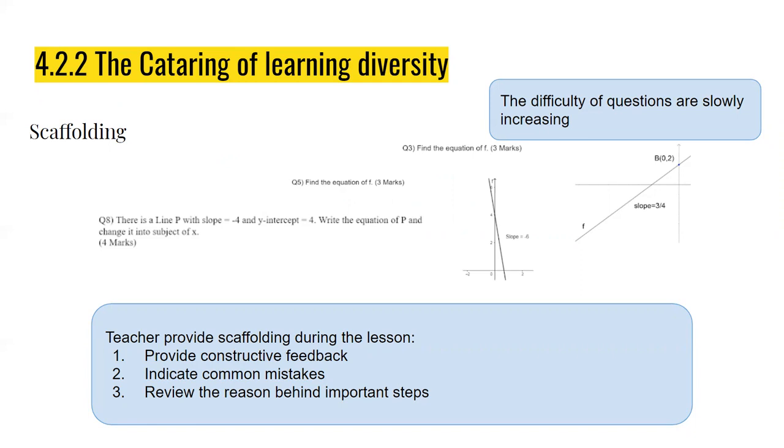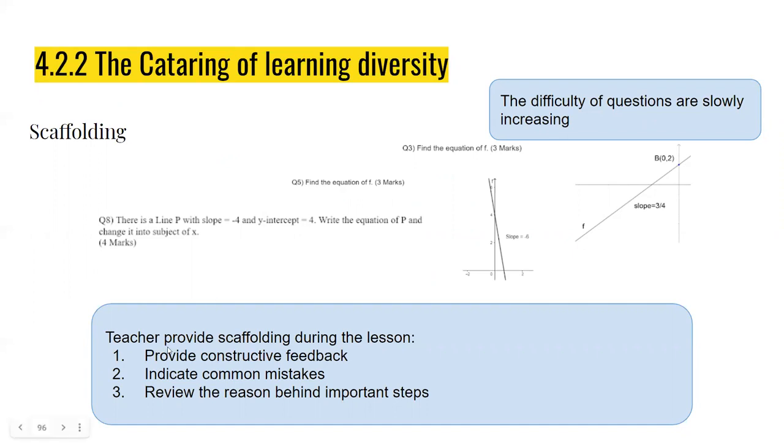The second one has a less detailed graph. They have to observe the graph, and for the last one we don't provide a graph. With this kind of design, even when there's no graph, students can plot a graph for themselves for their own reference.